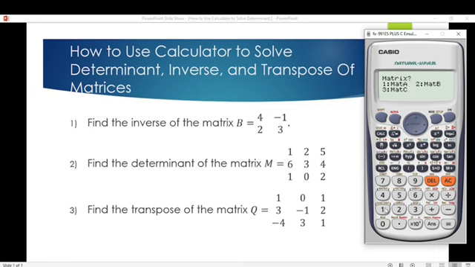We say number 1, then it will ask us which matrix we are inputting, and you can see 3x3 matrix here, which is number 1. So you press on number 1.